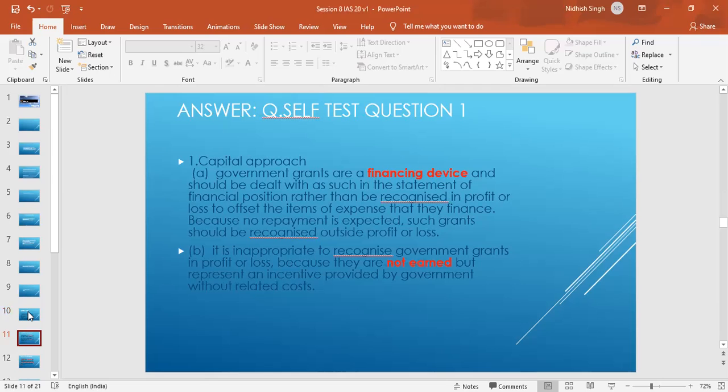But while it is not an earning, it can still reduce the expenses. So if the government is reducing the expense of your business, it could be appropriate. But the capital approach says that it should not be reflected there in the P&L.